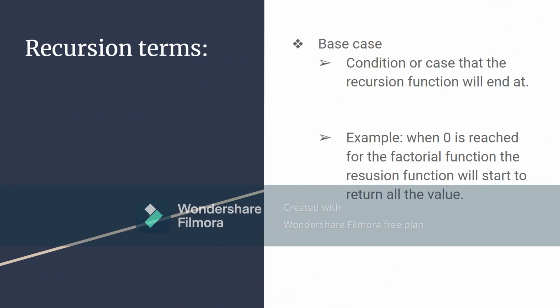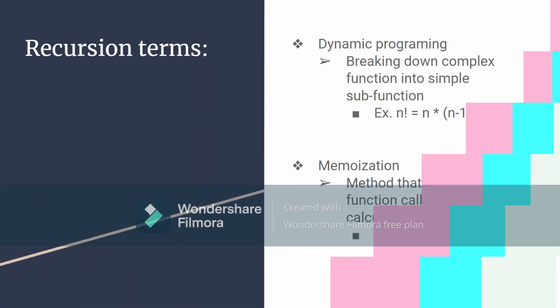Before we go into coding for recursion, we'll talk about the terms for recursion. A base case is the condition or case that the recursion function will end at. For example, when 0 is reached for the factorial function, the recursion function will start to return all values, starting from 1.